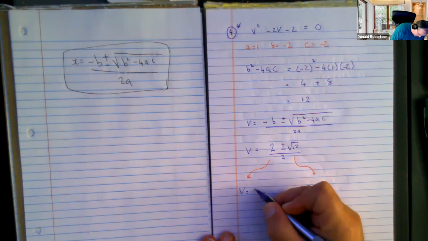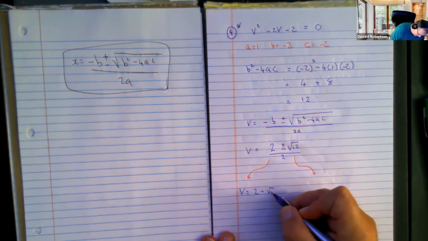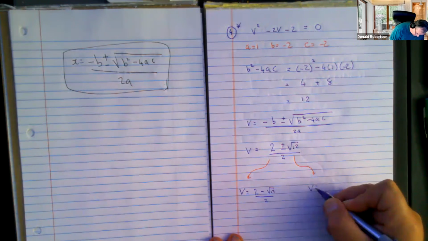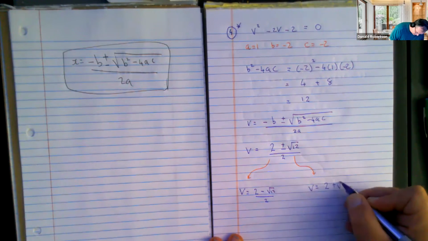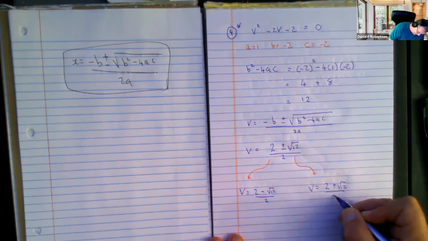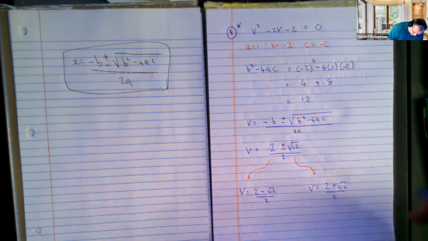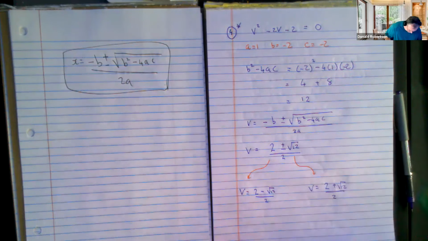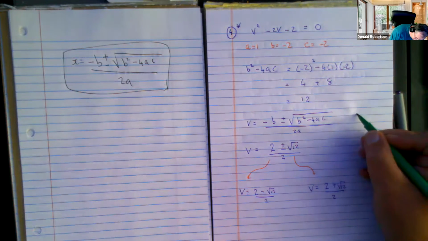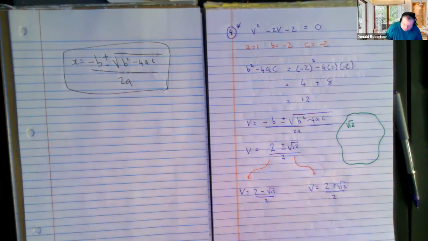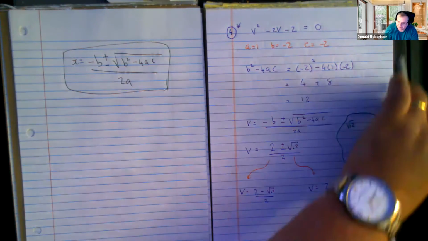The first one is that guy. And the second one is that guy. But that's not the best version of that answer. It's correct, but it's not simplified. So we're going to have to work a little bit harder to make this nicer. And the first thing I've noticed, hopefully you did as well, is that the square root of 12 can be simplified.